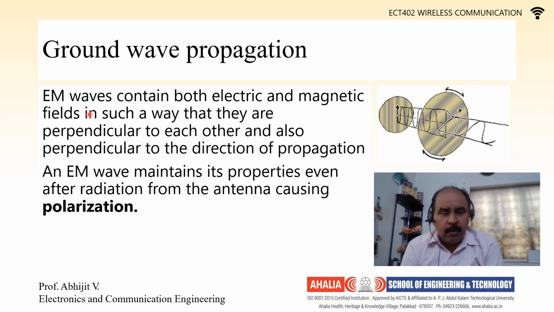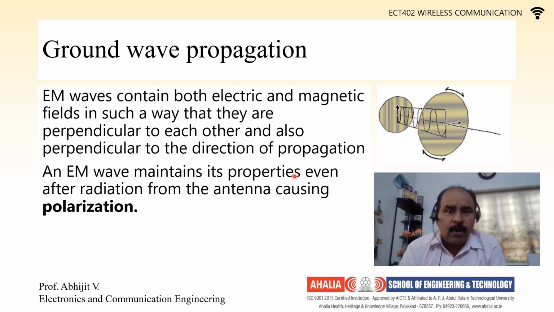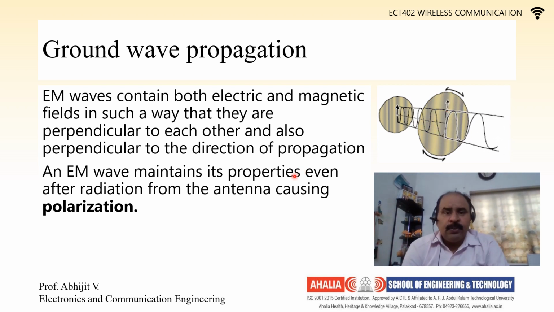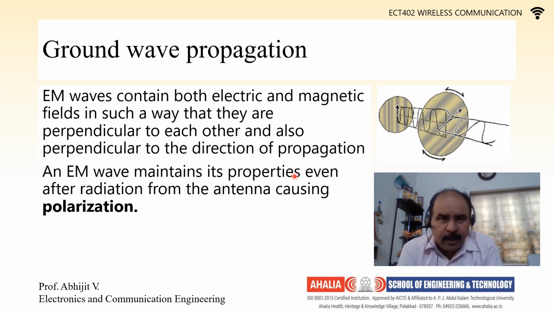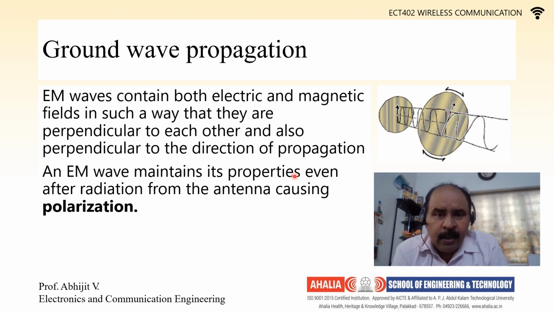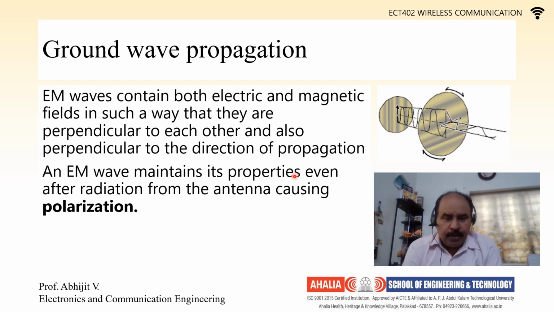So electromagnetic wave contains both electric and magnetic fields in such a way that they are perpendicular to each other and also perpendicular to the direction of propagation. So you can imagine that you have a three axis, three coordinates x, y and z. Suppose x is taken to be the electric field, y magnetic field, and z would be the direction of propagation.